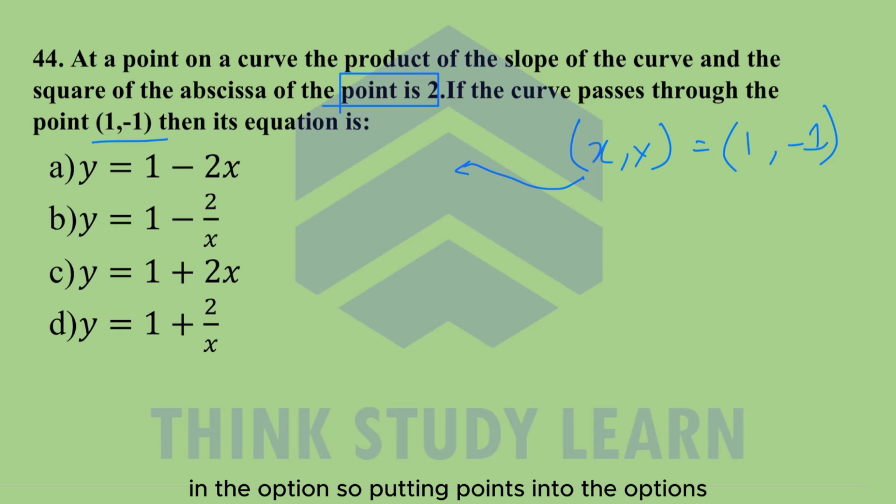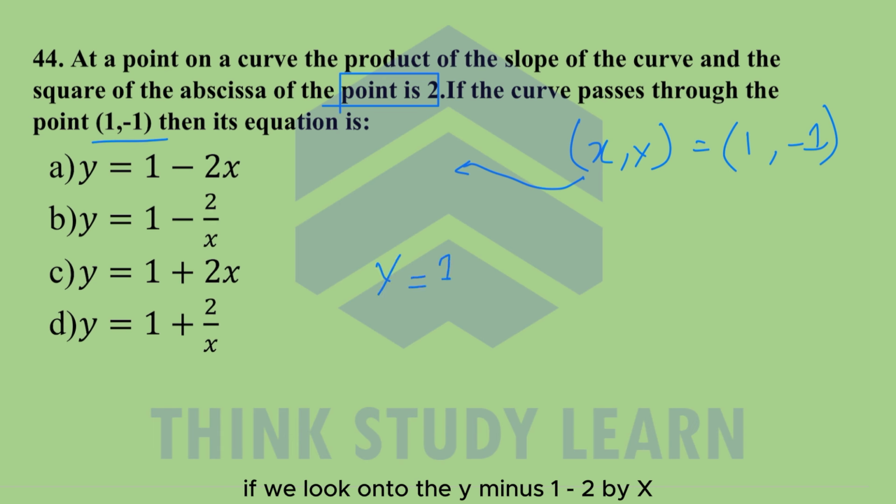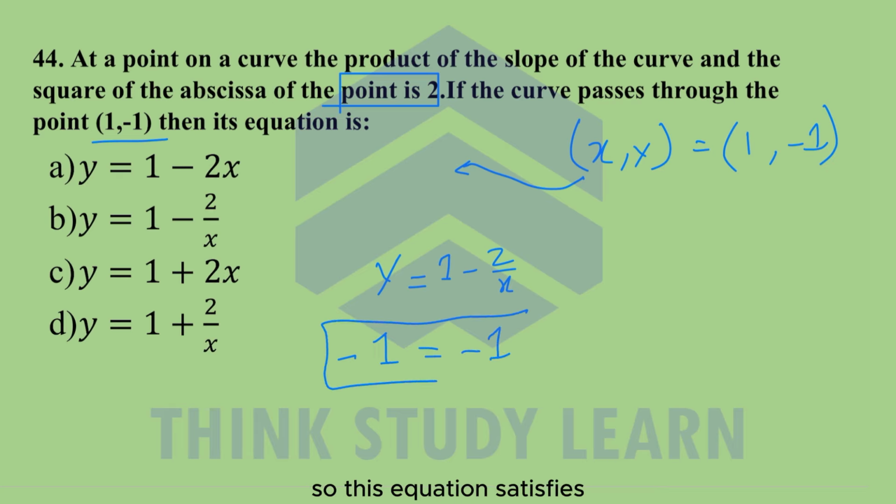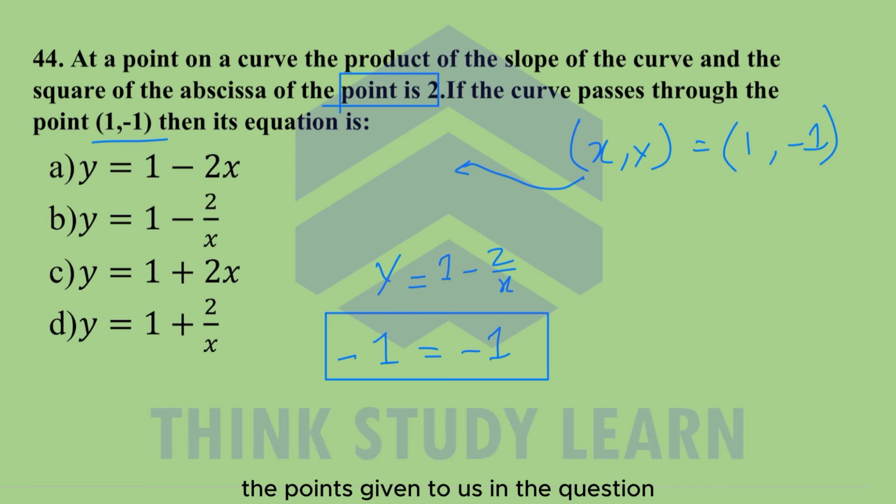In option B, y equals 1 minus 2 by x, when we put the points, minus 1 is equal to minus 1. So this equation satisfies the given point. B option is the right answer.